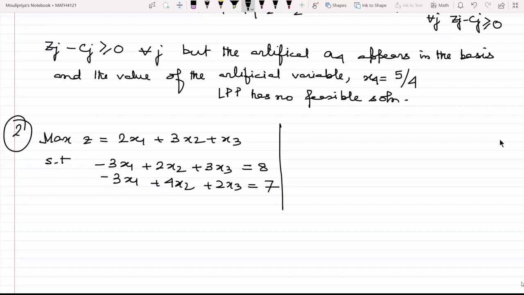If we want again those identity matrix to be your starting initial vectors, what needs to be done? What needs to be done in the first constraint?